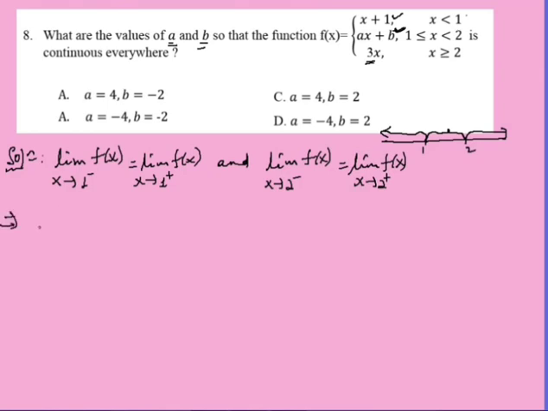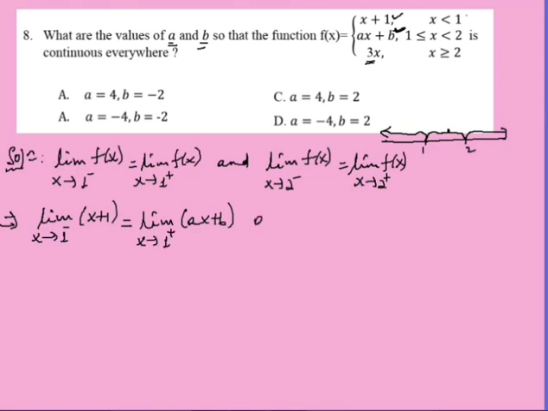So this means the limit from the left at 1 means x plus 1 as x approaches 1 from the left. This must be the same as the limit from the right, which is ax plus b as x approaches 1 from the right.